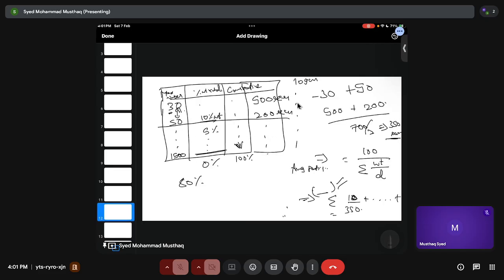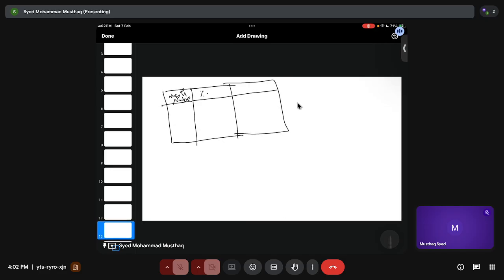This is my percentage retained, this is my percentage passed. So for a certain mesh number, let's say 200, and the percentage retained is 20 and the percentage passed is 80, then it is good, we can directly use that.